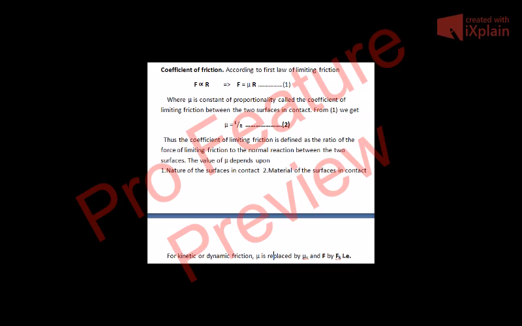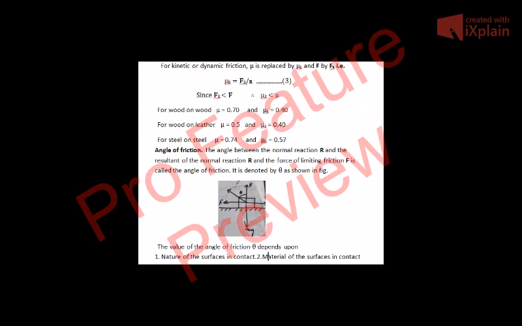For kinetic or dynamic friction, mu is replaced by mu k and F by Fk. That is mu k is equal to Fk by R, where mu k is the coefficient of kinetic friction. I have already told you about limiting friction and static friction. So, what is the coefficient of kinetic friction?